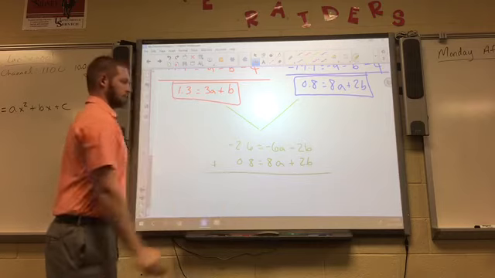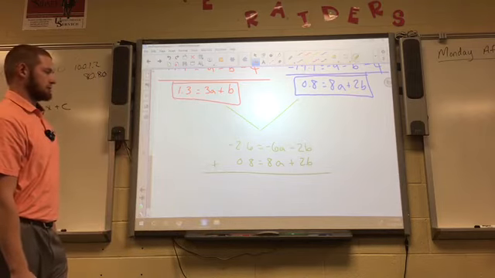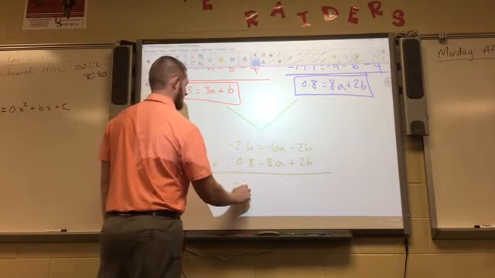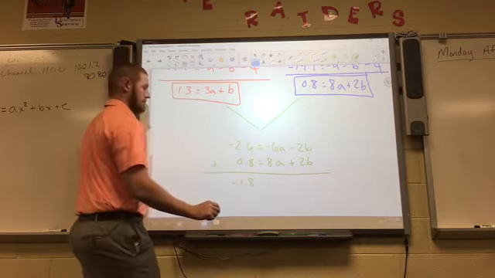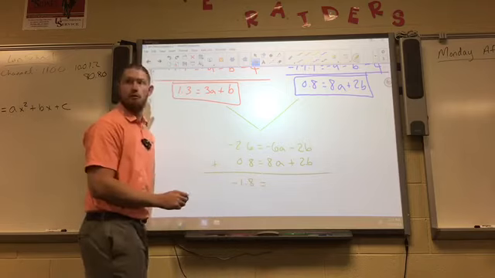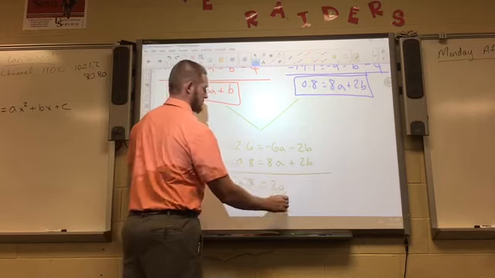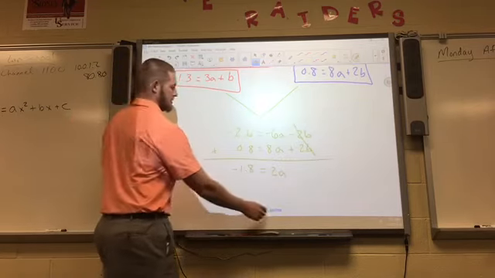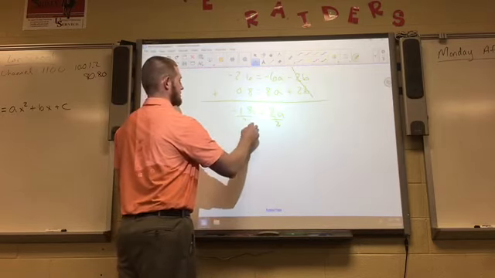And I add again. Negative 2.6 plus 0.8 is negative 1.8, right? Yeah. 2a. Equals, good, 2a. And the b's cancel. Negative 1.8 divided by 2. Good, divide by 2.